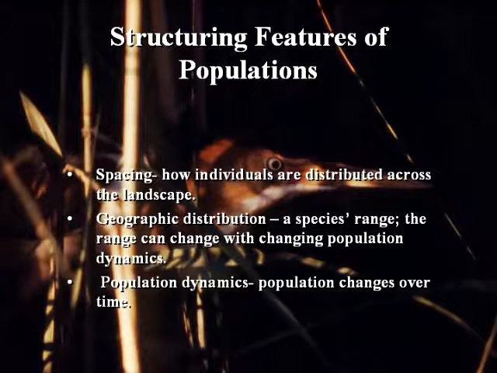We could talk about how densely packed individuals are within their entire geographic range, like we saw with the downy woodpecker. It was not uniformly distributed throughout its entire range. And then we can also talk about the geographic distribution of a species as a whole. Where is it found and where is it not found?